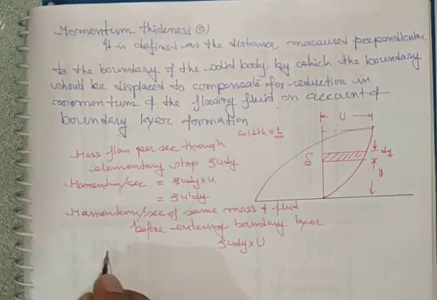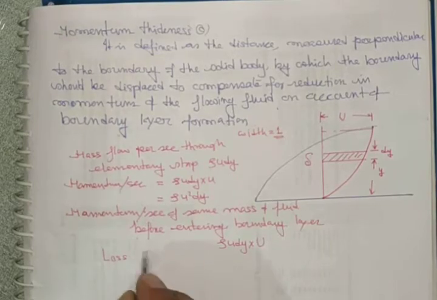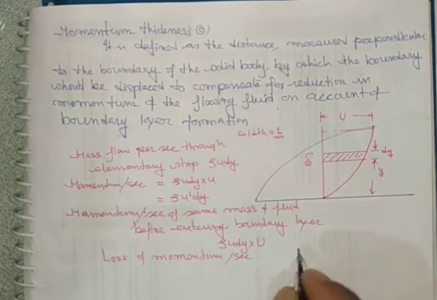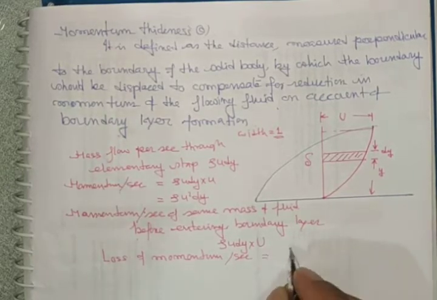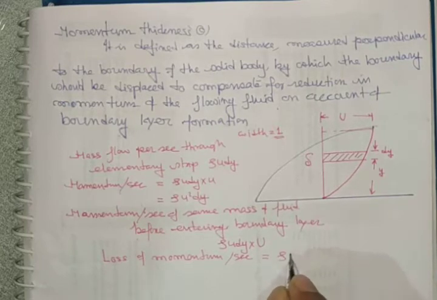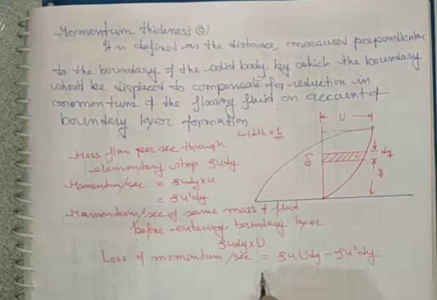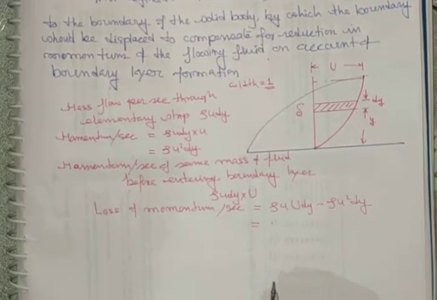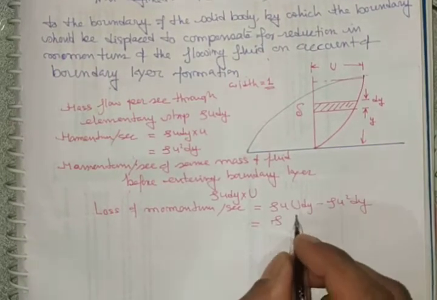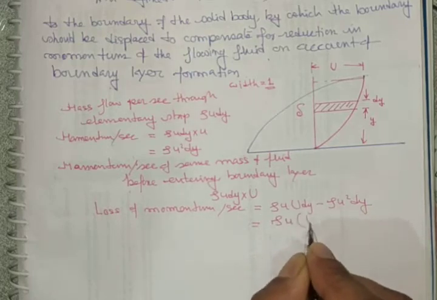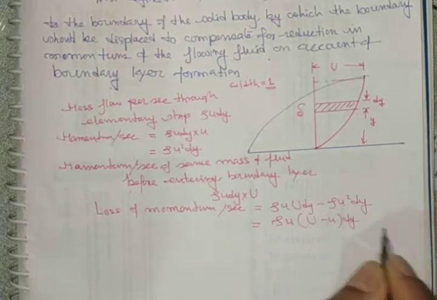So loss of momentum per second is given by small u, capital U, minus small u square, or you can write capital U, small u, del y.